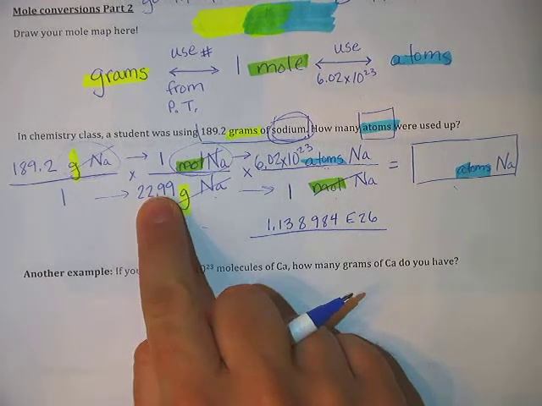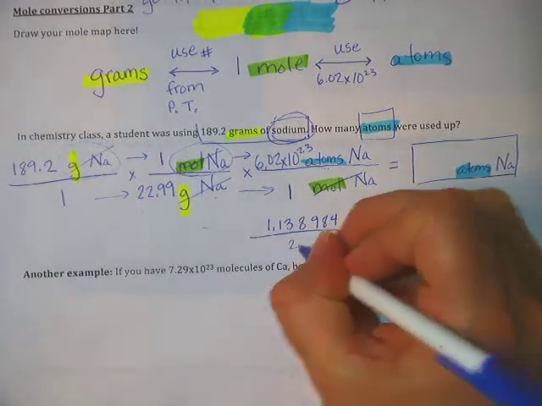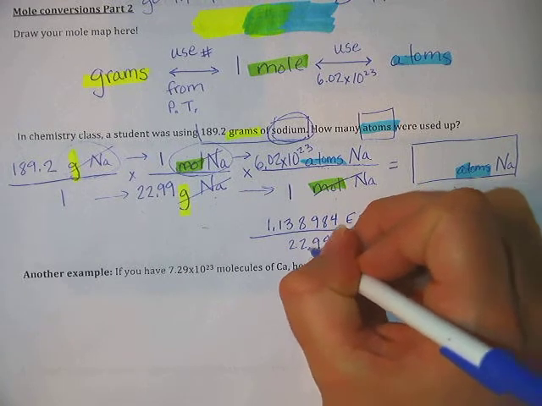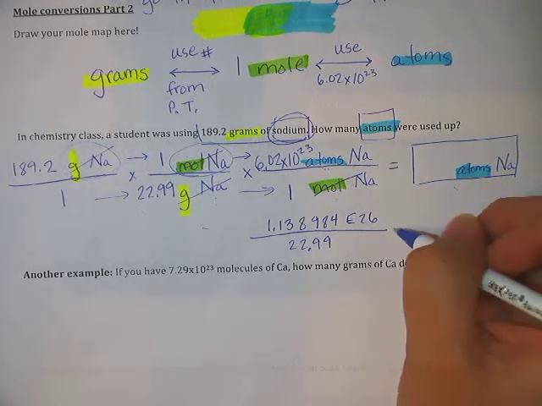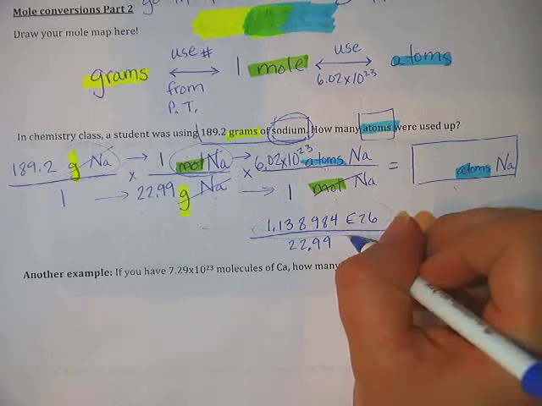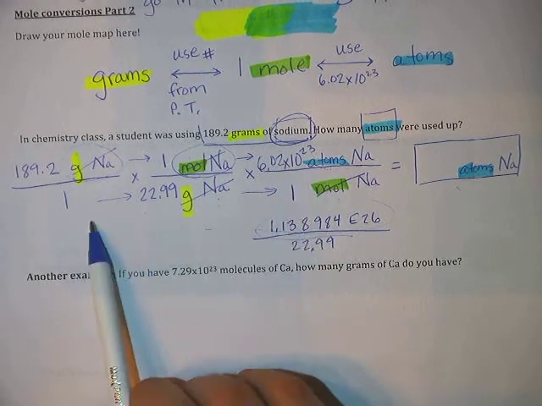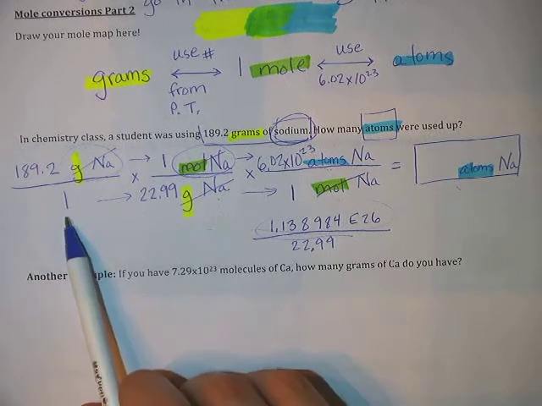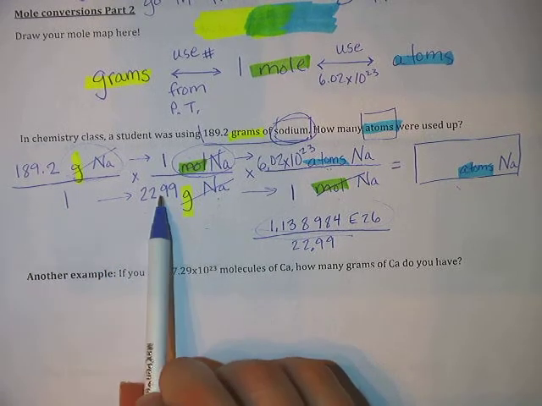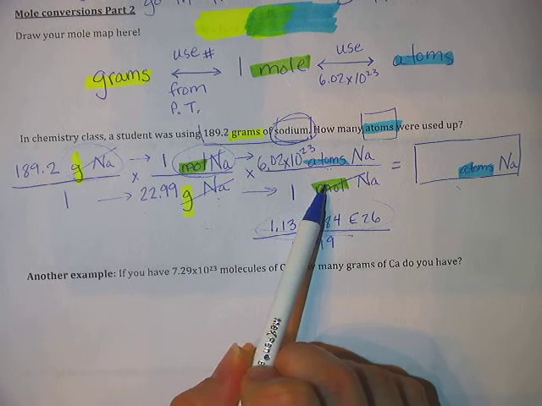Over 1 times 22.99 times 1. That's just going to be 22.99. So you're going to divide this number, which you got from doing this times this times this, over 22.99, which you got because the bottom was 1 times 22.99 times 1.